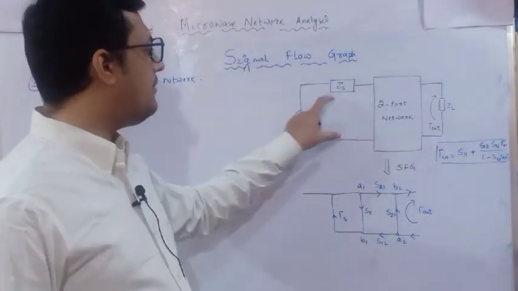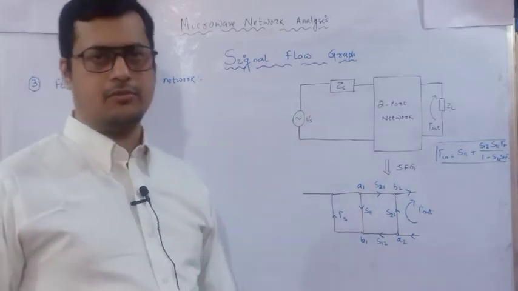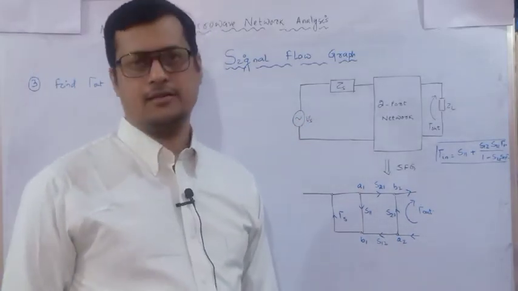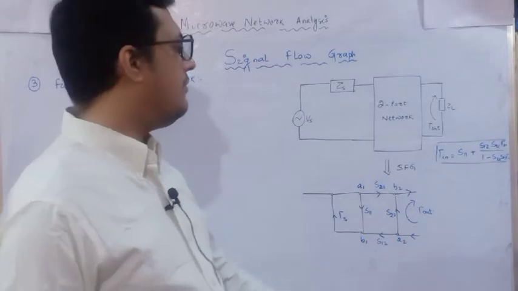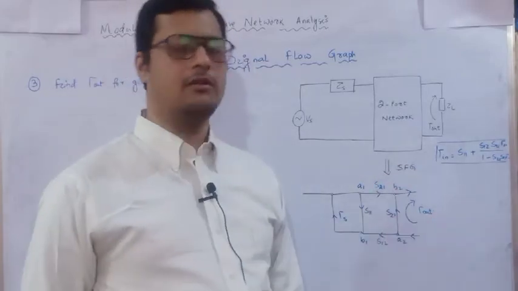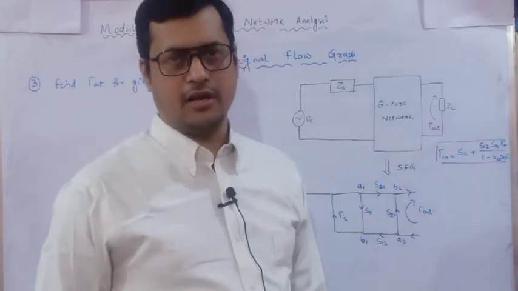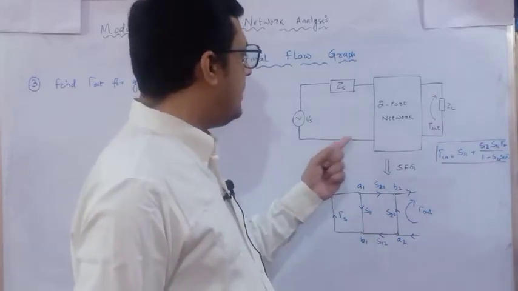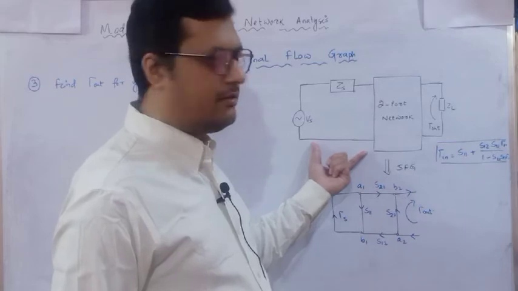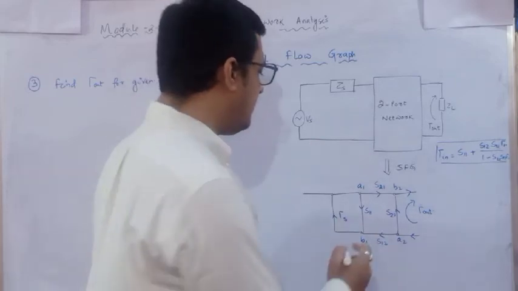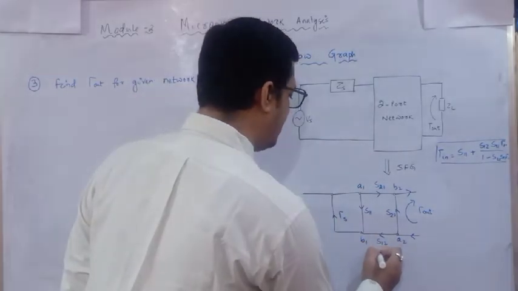Means we have to identify the reflection coefficient at the input, and at the same time I asked how to determine the reflection coefficient at the output using the signal flow graph, with the help of Mason's gain formula. Now the representation of this two-port network I have represented in terms of the signal flow graph, SFG.